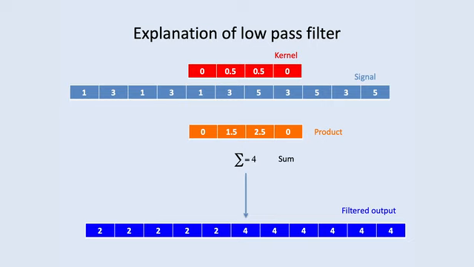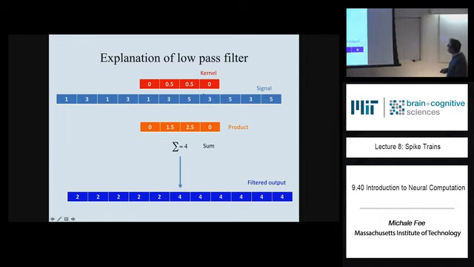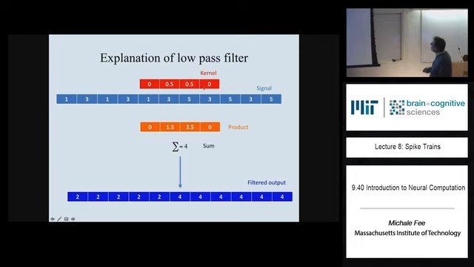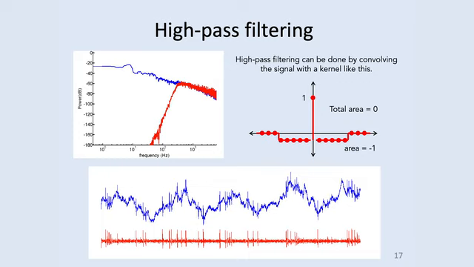And if we keep doing that, all of the rest of those values is 4, which you can verify. So you can see that the low-pass filtered version of this signal, filtered by this kernel, is 2 up to this point, and then it jumps up to 4, which was consistent with our intuition about what low-pass filtering would do. So that was low-pass filtering.